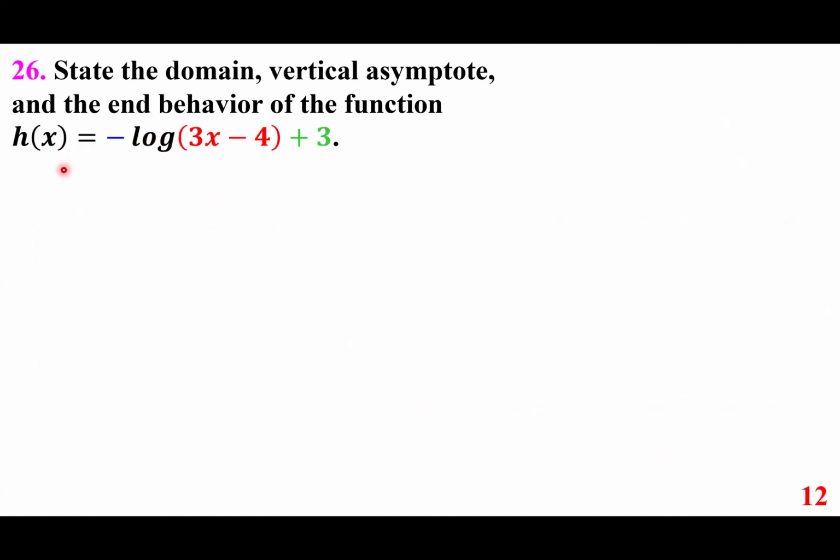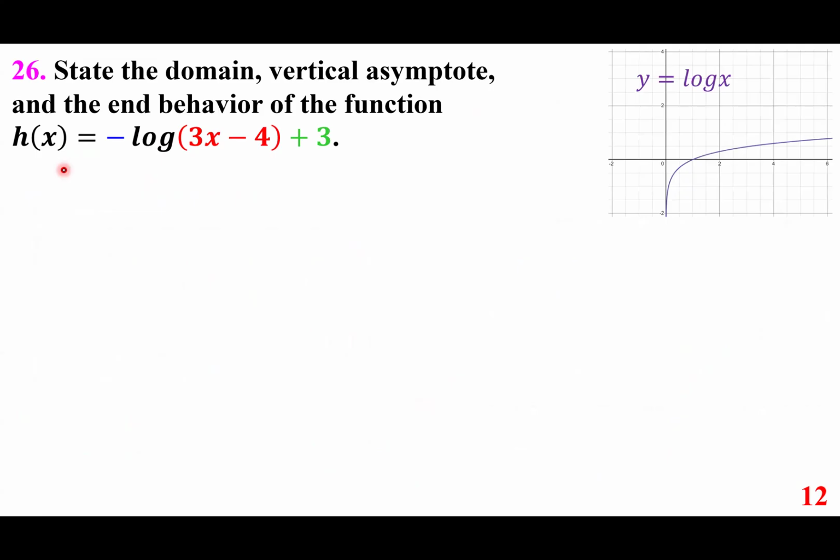What about this function? h of x is minus log of (3x minus 4) plus 3. We want to work on that. So obviously we start with the basic y equals log x, and it looks like this. So this is located at (1, 0).